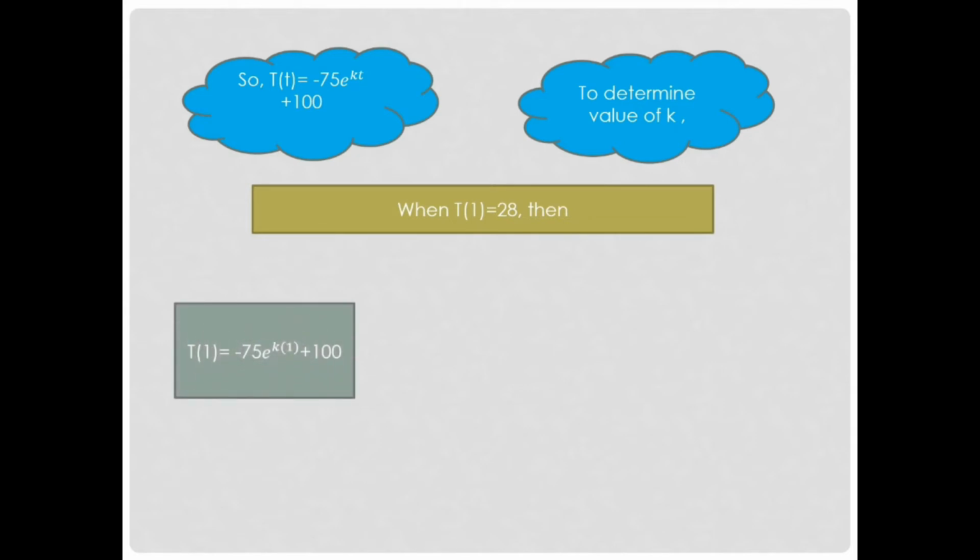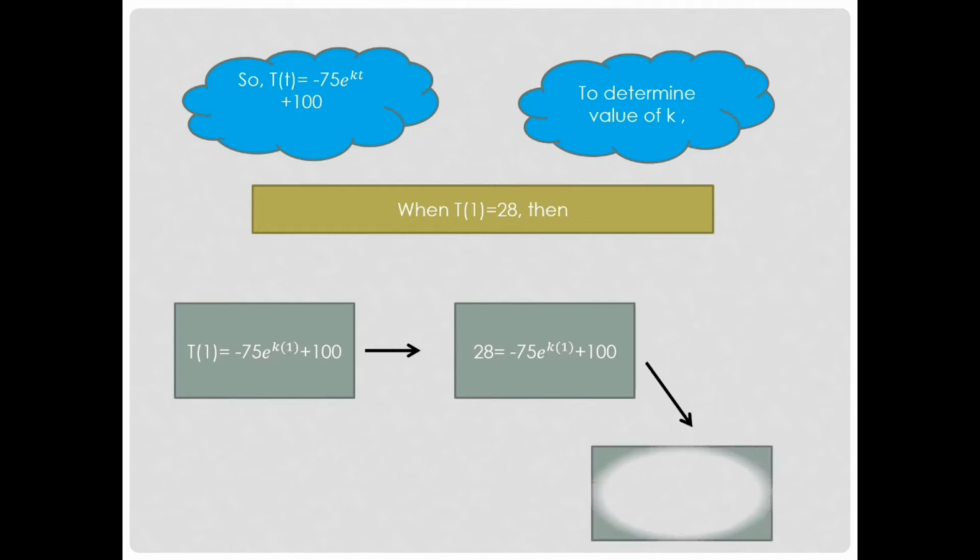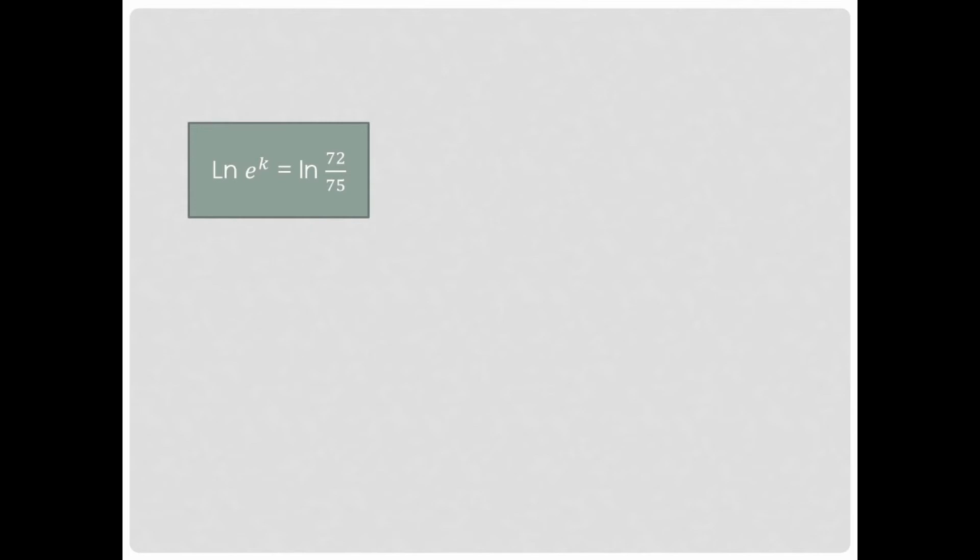Now we determine the value of k. When t equals 1, T1 equals 28, so 28 equals negative 75 e to the k times 1 plus 100, and we get e to the k equals 72 over 75. So we take ln of both sides because we want to cancel the exponent, and ln e to the k equals ln 72 over 75.